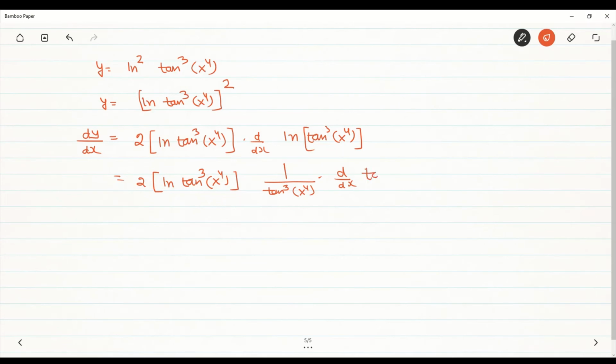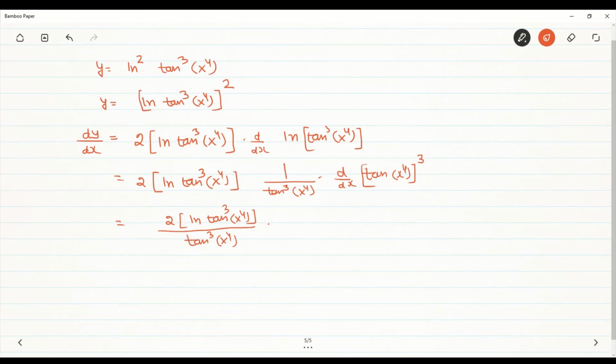This tan cube x4 can also be written as tan x4 and then the whole cube from the outside. Now if I combine everything together, it is 2 times ln tan cube x4 as it is, divided by tan cube x4 into the derivative of tan x4 cubed, and the power is 3.